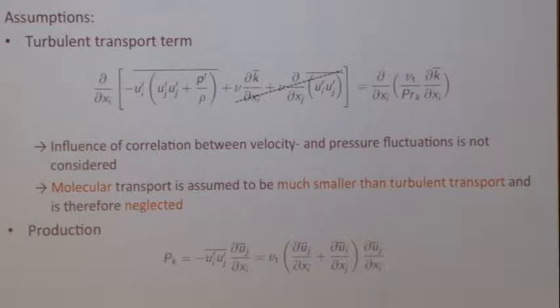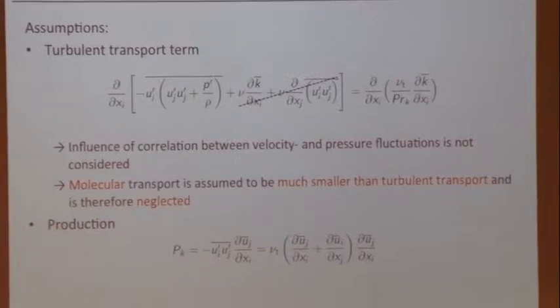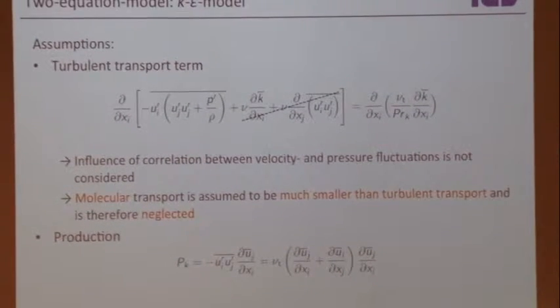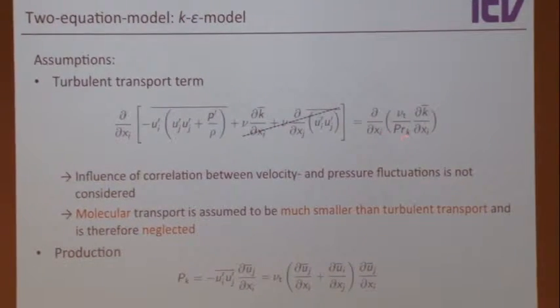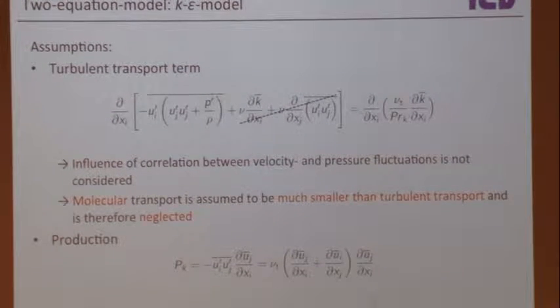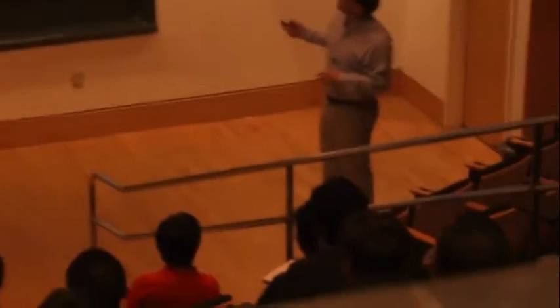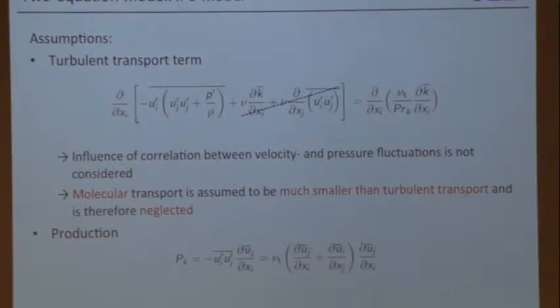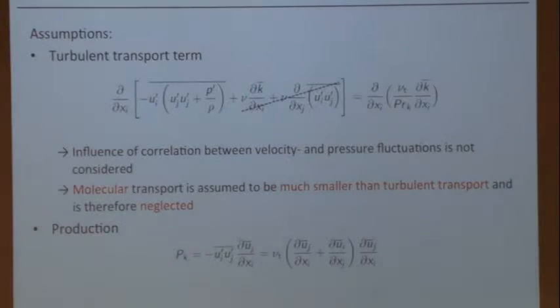For the Prandtl number, why do you have two Prandtl numbers? Because these are not actual Prandtl numbers. You could say this is a Prandtl number for K. The Prandtl number refers to a scalar.